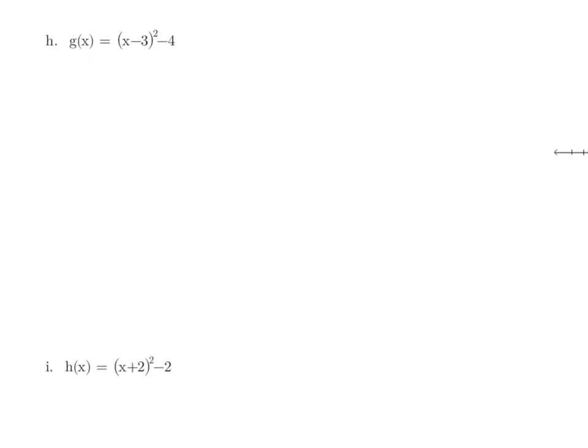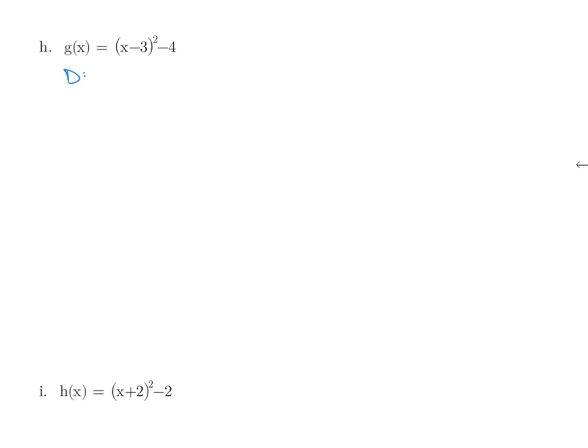Alright, so the first example we have is y equals (x minus 3) squared minus 4. So starting off, we have our direction. This opens up. Our y-intercept, if we plug in 0 for x, we get y equals 0 minus 3 squared minus 4.